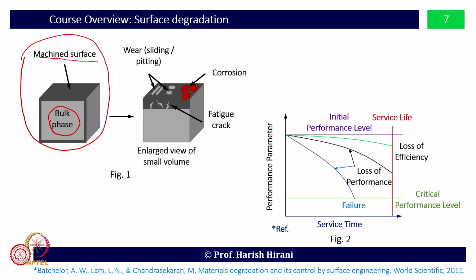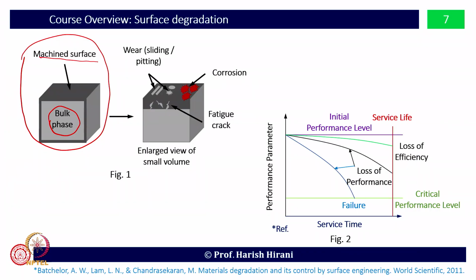And as I mentioned earlier, mostly the failure starts from a surface. Almost 70 to 80% of the failures I have seen are related to surface failure. It is not a bulk failure. Only in a few cases does the failure start from the inside, because there was some sort of material defect and slowly it moved to the surface and surface damage occurred.